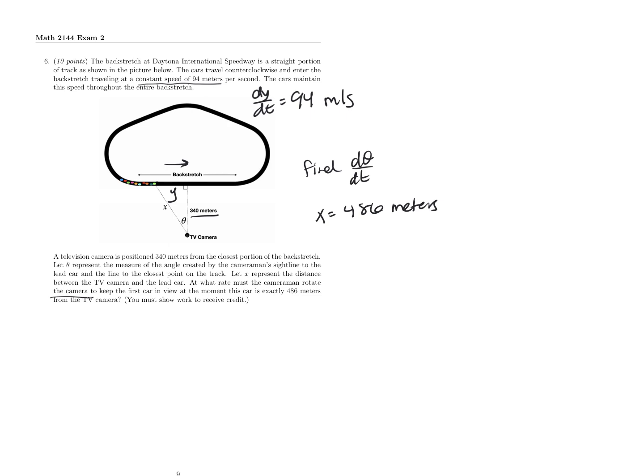All right, now let's start setting up an equation to see if we can find what d theta/dt is. So we have x and y here, and we also have this 340 meters. So we could try and set something up with this hypotenuse, but we don't know anything about the rate of change of x. But we do know that because this 340 meters is constant, its rate of change is 0.